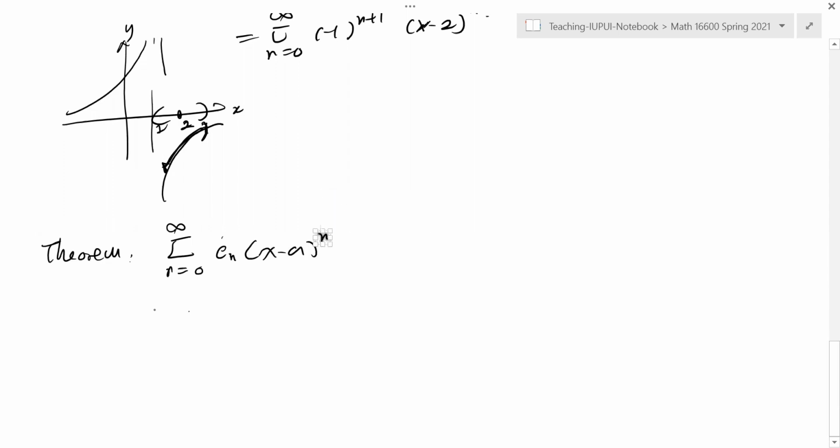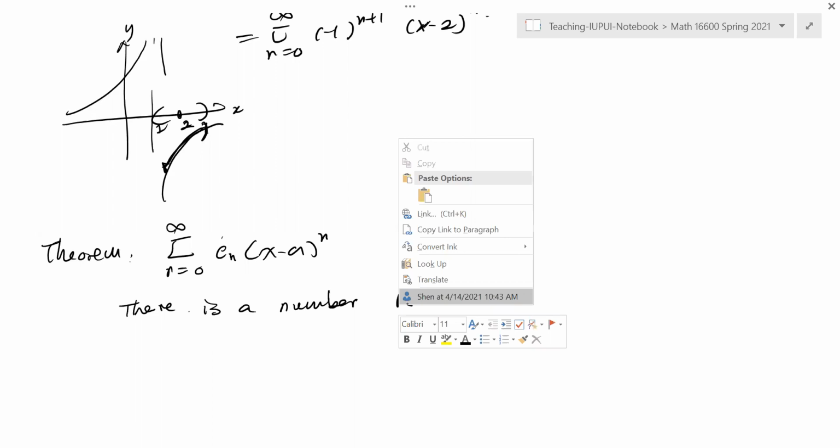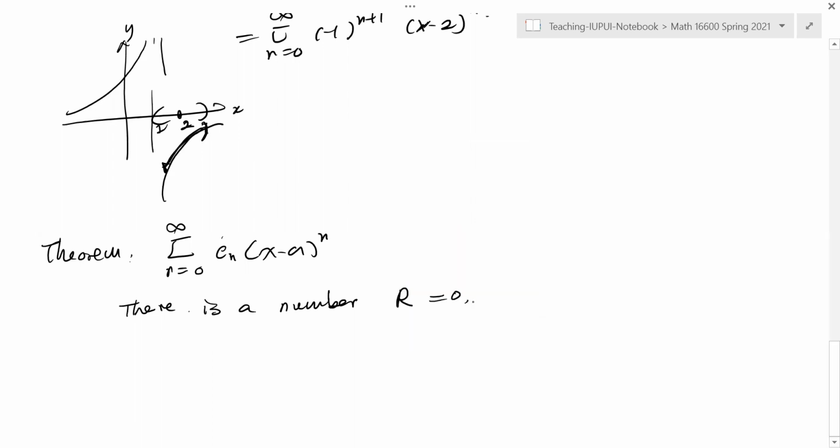For the power series, there is a number R. This R could be 0 or finite or infinite.